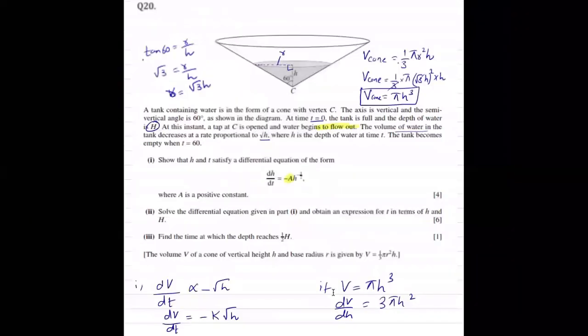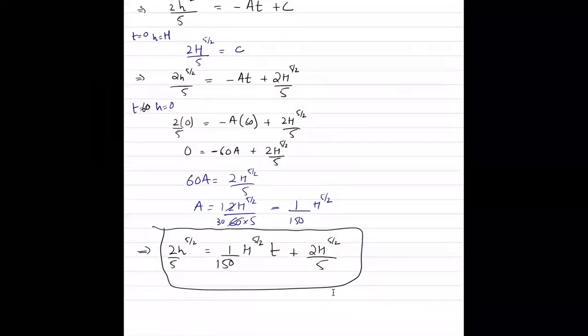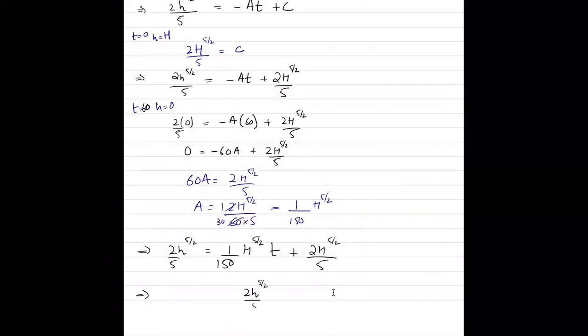Now they have asked us to obtain an expression for t, so you need to make t the subject. That's not the final answer, we need to make t the subject. So that is going to be 2h to the power of 5 upon 2 upon 5 minus 2h to the power of 5 upon 2 upon 5.